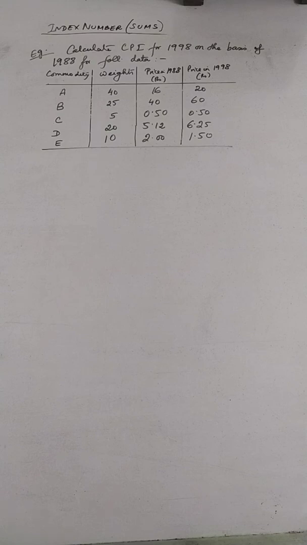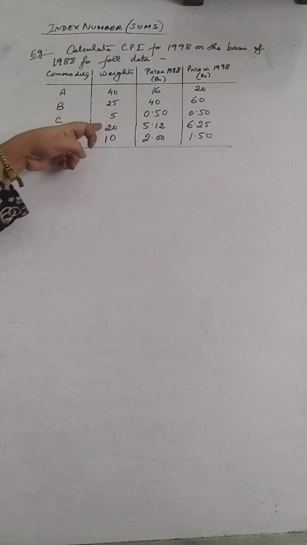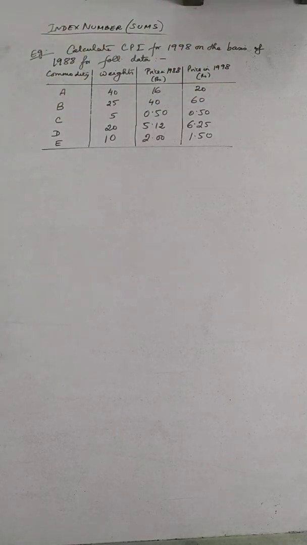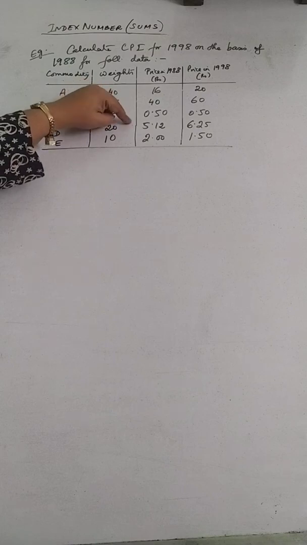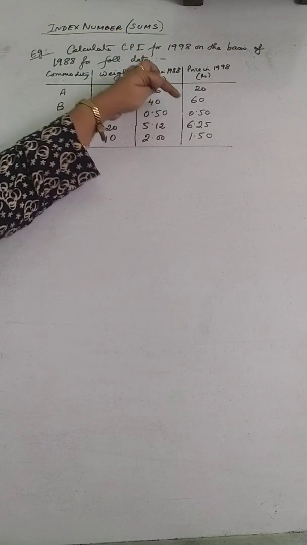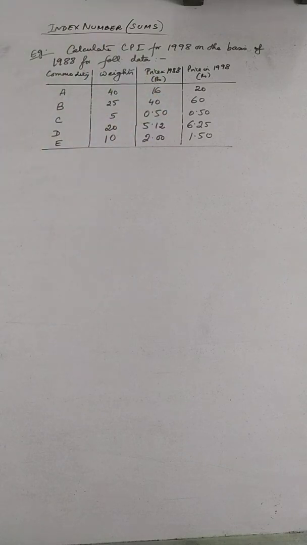Commodities are A, B, C, D, E. Weights are 40, 25, 5, 20, 10. Prices in 1988 and 1998 have been given in the columns: 16, 40.50, that means 50 paisa, 5.12 to 2 rupees, and this is 20, 60, 50 paisa, 6.25 and 1.50.